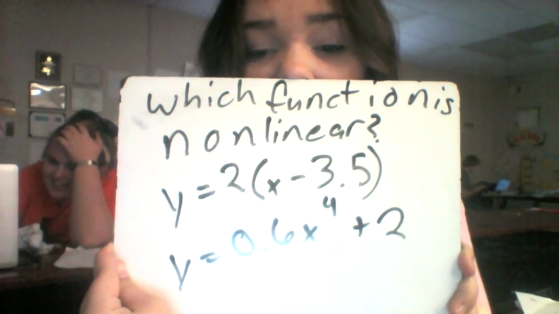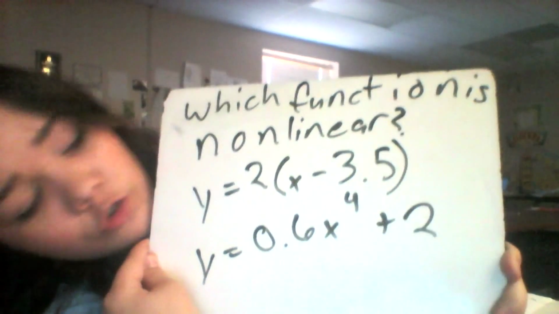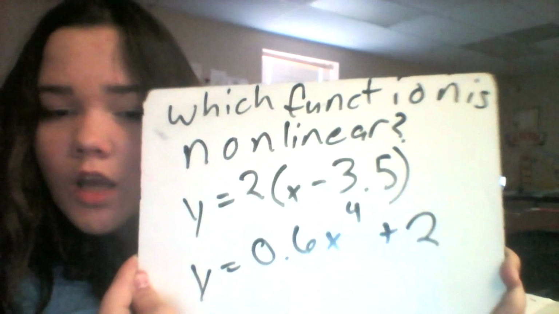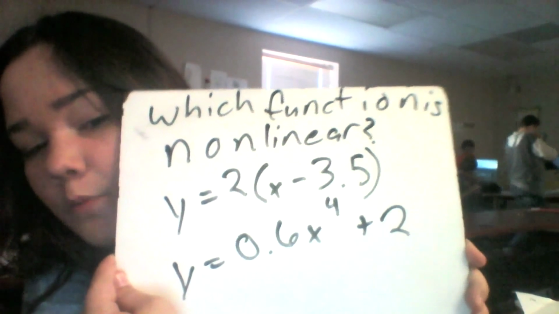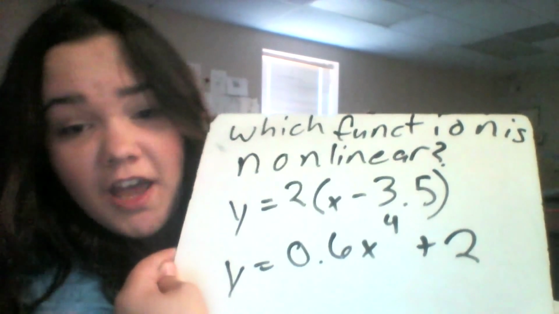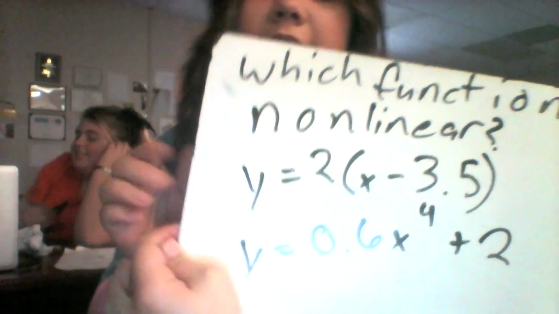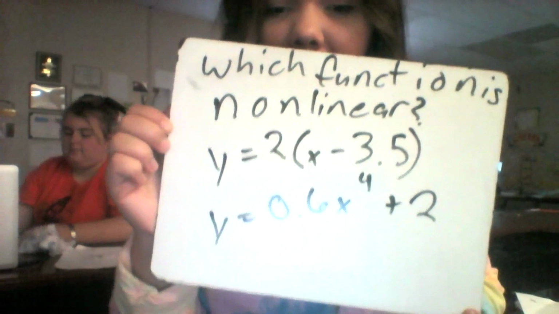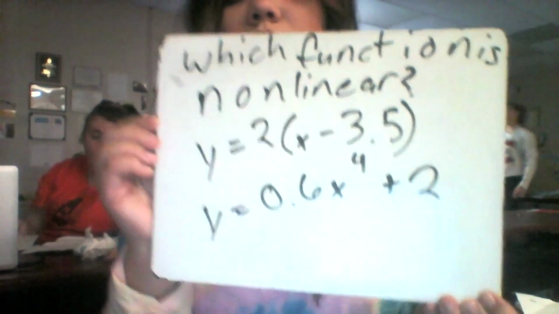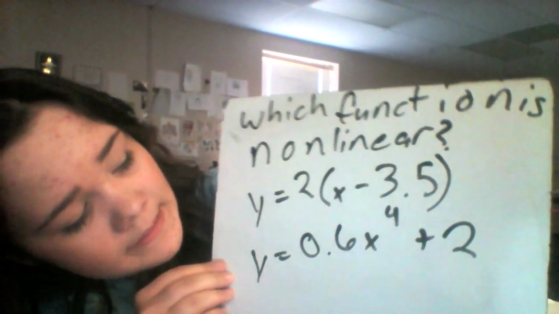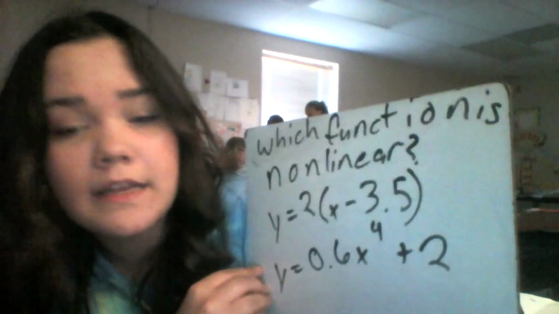So which function, again, is nonlinear? We have y equals 2 times (x minus 3.5), and the next one is y equals 0.6x to the fourth power plus 2.